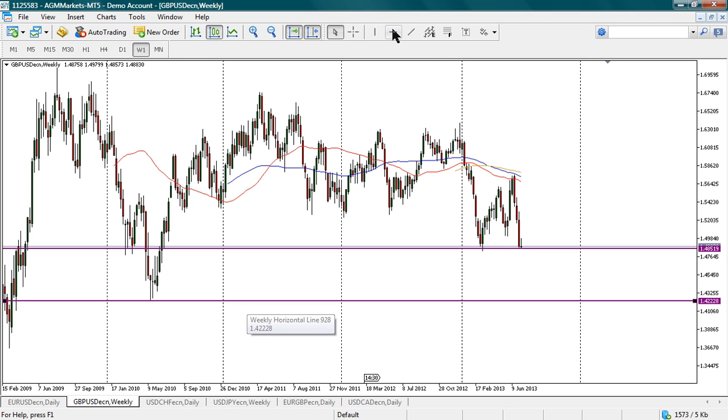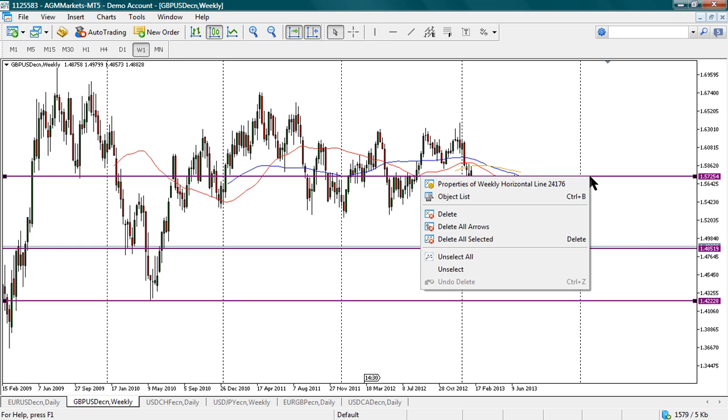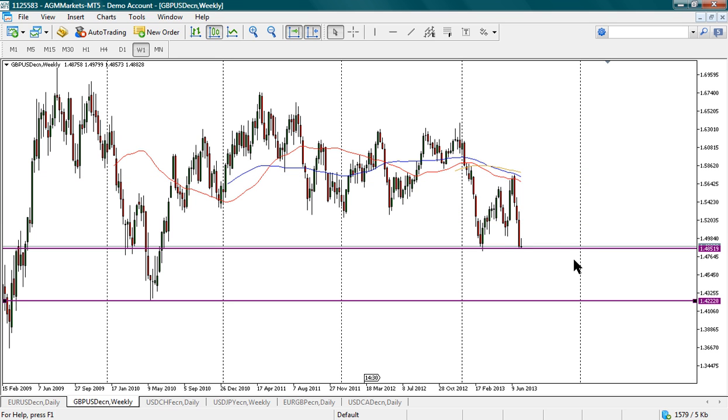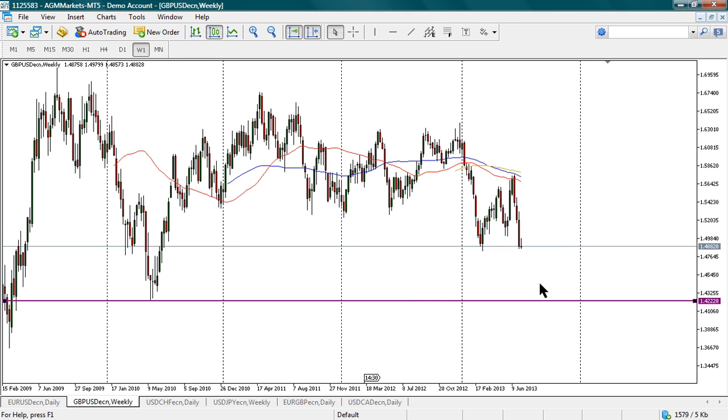We really have come a long way down. I mean, we're talking about 800, 900 pips here in 3 weeks, from 1.57 to 1.48. So very aggressive sell-off here in the pound against the US dollar.